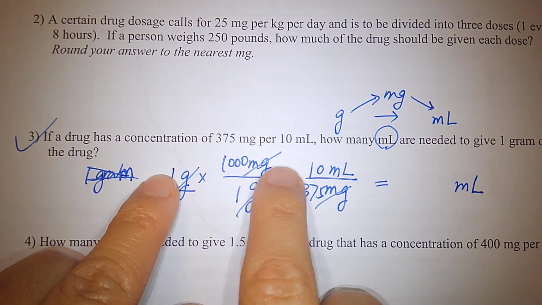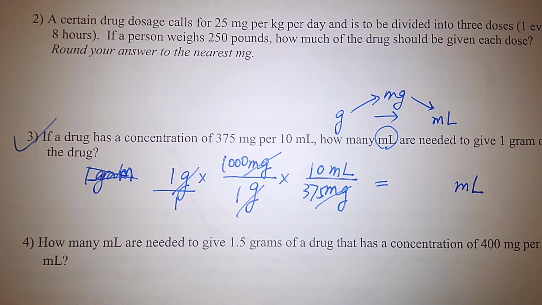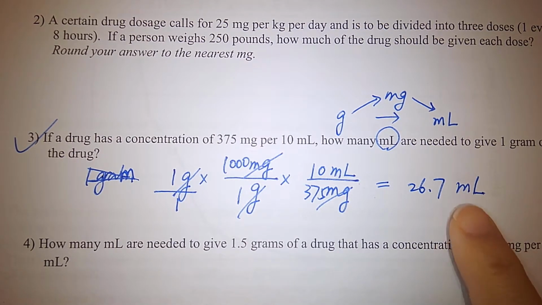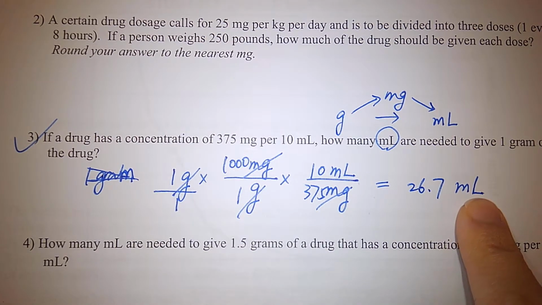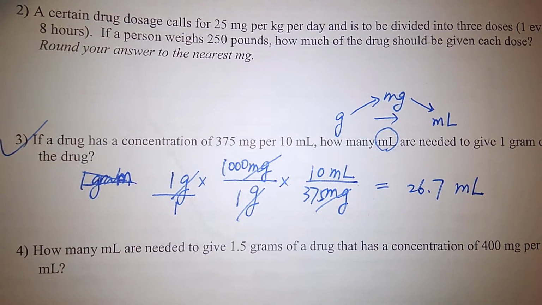One times 1,000 times 10 divided by 375. I got 26.7 milliliters. Is my answer the same as yours? You do? Okay. So this is question 3 and 4.